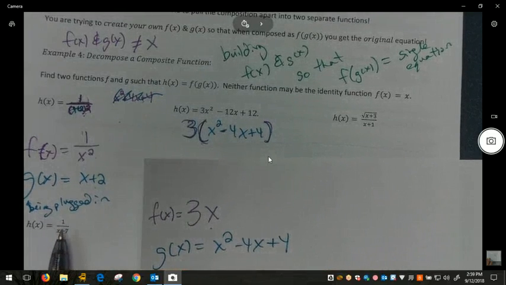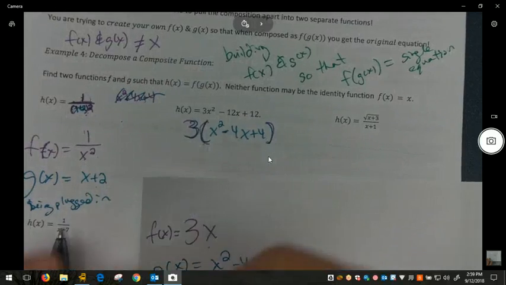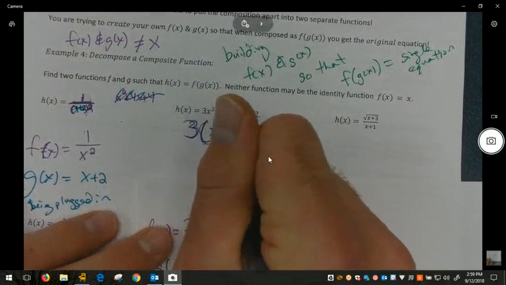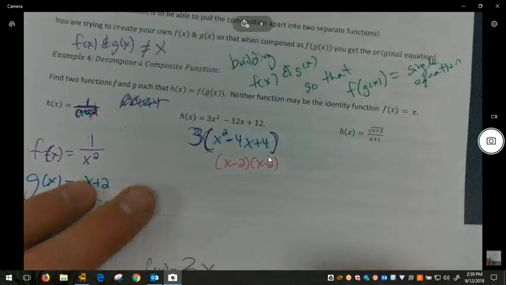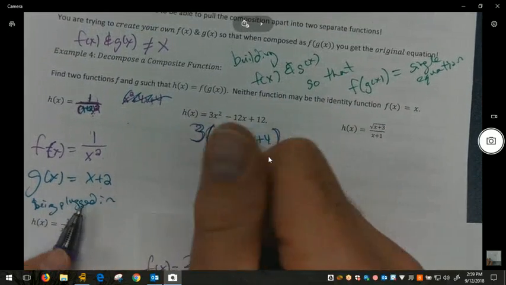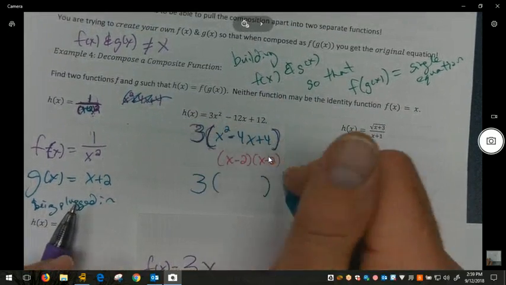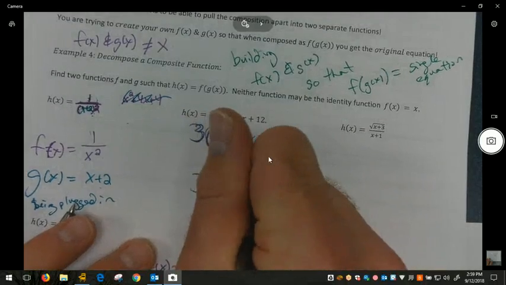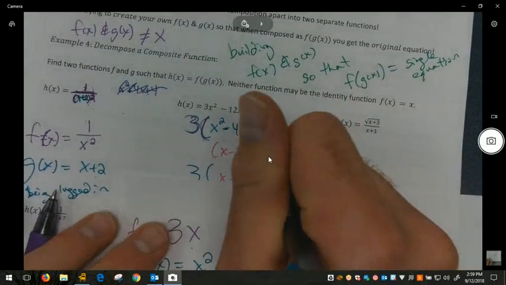You don't have to stop there though. This is actually a perfect square. This is x minus 2 by x minus 2. So really we have 3 times x minus 2 squared.